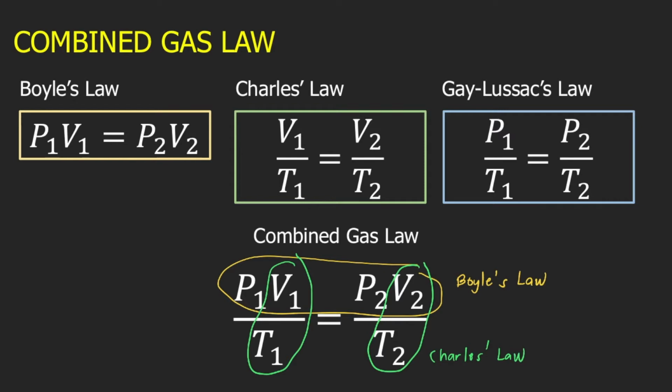And we have P1 over T1 equal to P2 over T2. And this is your Gay-Lussac's law. So that's why you call this combined gas law.